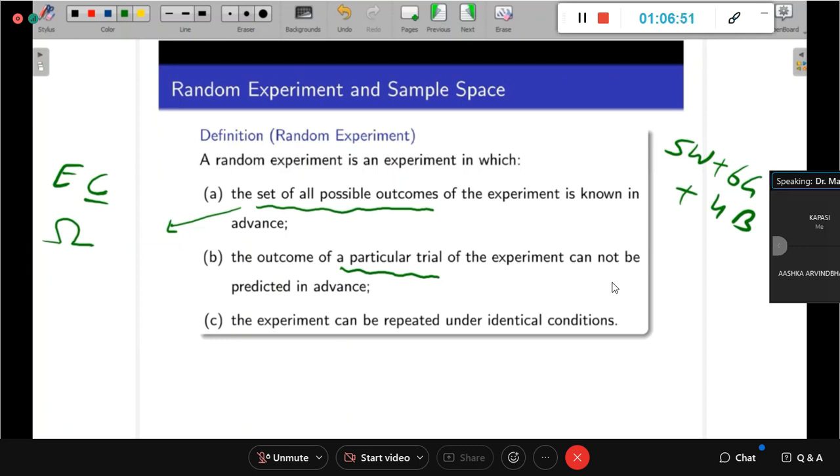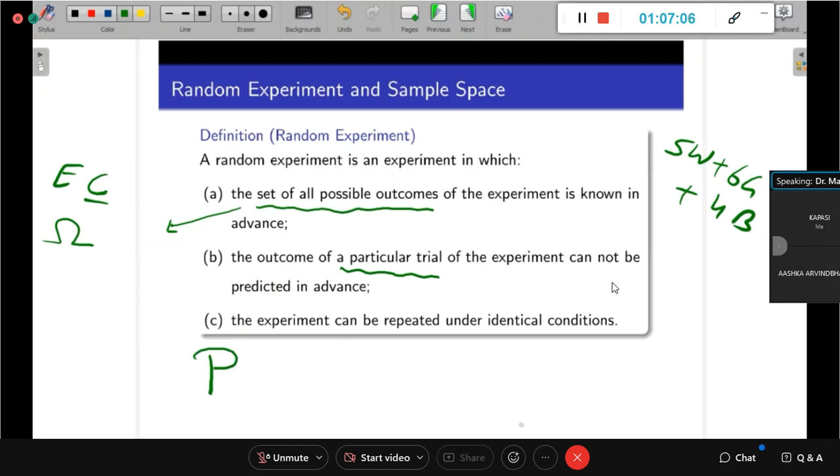So for any number in between, if you identify probability as a function, the range will lie in the interval 0 to 1.